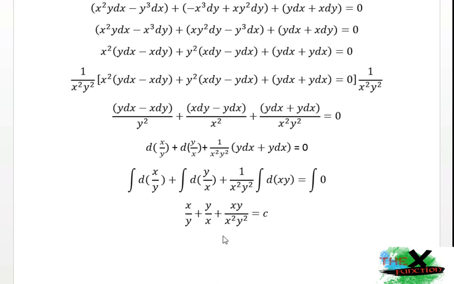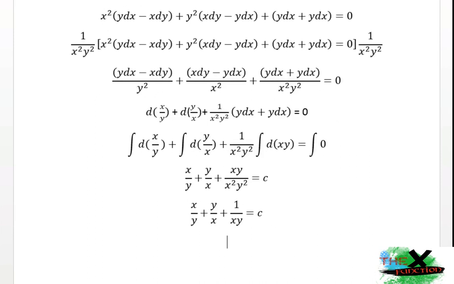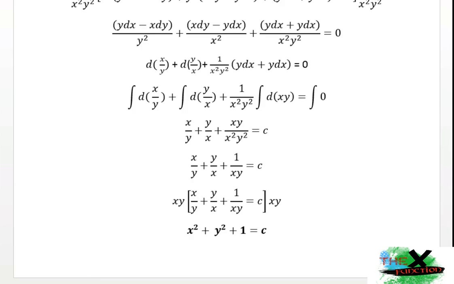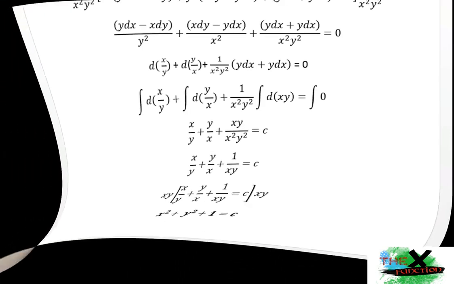So next is x over y plus y over x minus 1 over xy is equal to c. Then, to make it simple, we multiply both sides by xy. So we can now have x squared plus y squared plus 1 is equal to cxy.